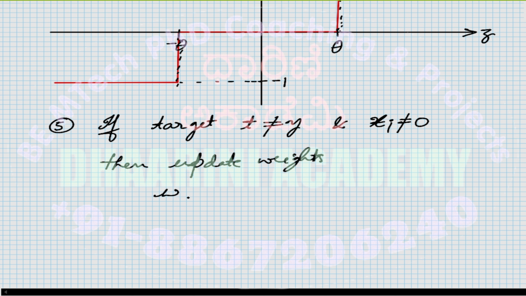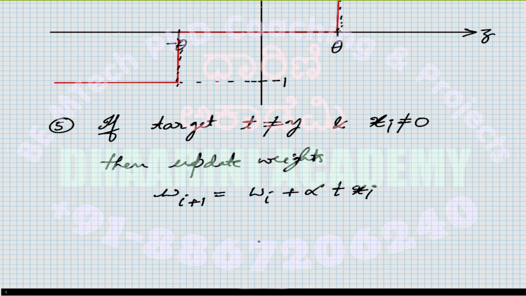The wi plus 1 is equal to wi, the current weight, plus alpha times the target into the input, the current input, that is xi. Okay, old one, and you are going to use this.